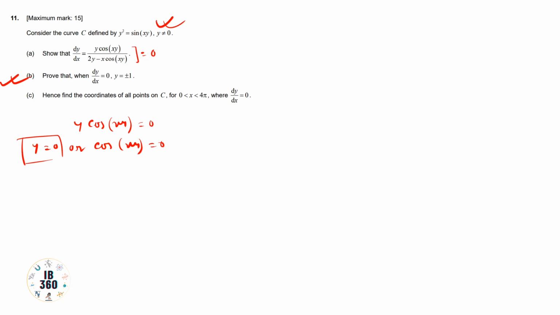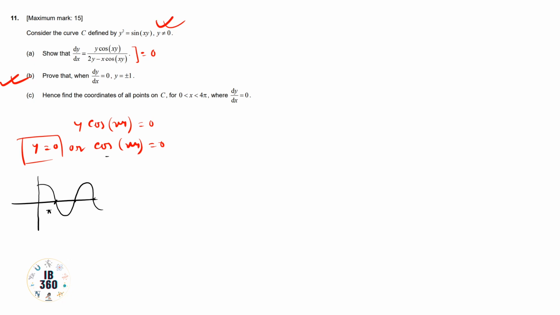Then if cos xy equals 0, just see the graph, where cos xy can be 0. I am just drawing the graph of cos. You can see these are the points where the value of cos will be 0.